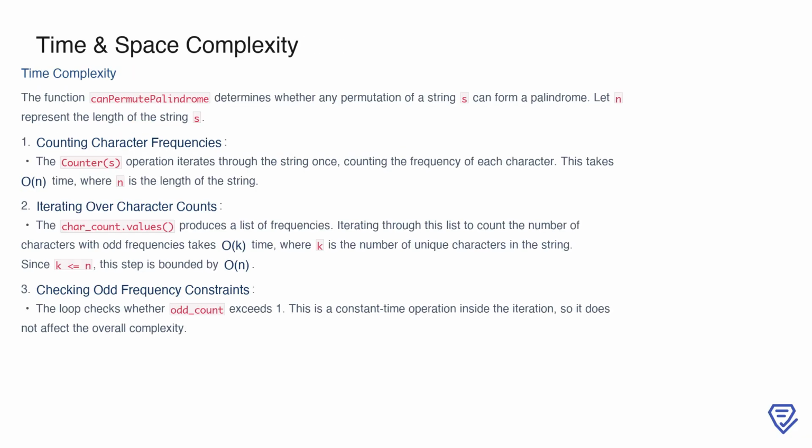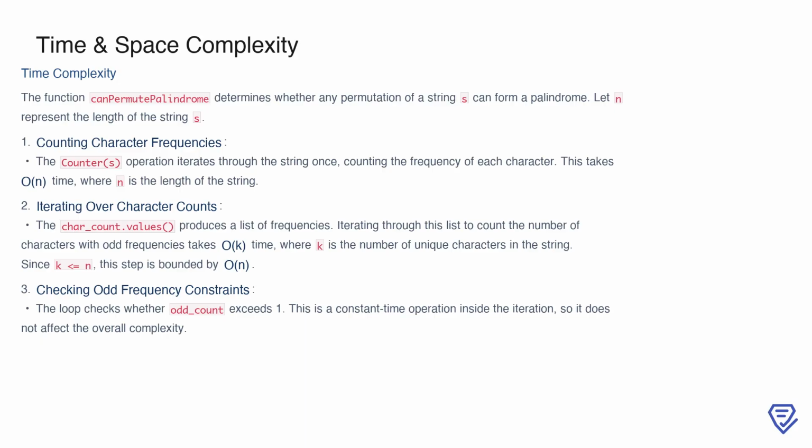To analyze the time complexity of the function can_permute_palindrome, we start by breaking down its major operations. First, the Counter hash operation processes the string s to count the frequency of each character. This requires a single pass through the string, making it an O(n) operation, where n is the length of the string. Next, we iterate over the values in the char_count dictionary to count how many characters have odd frequencies.